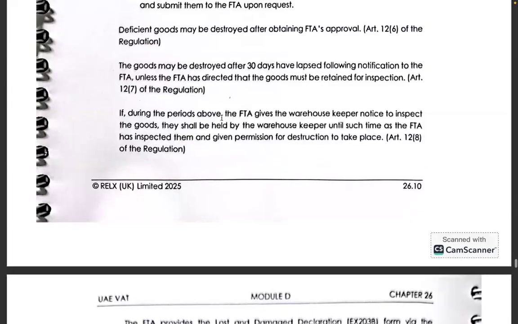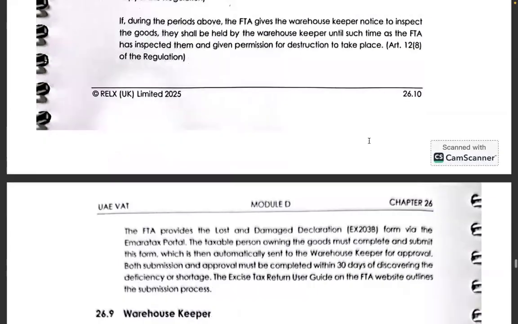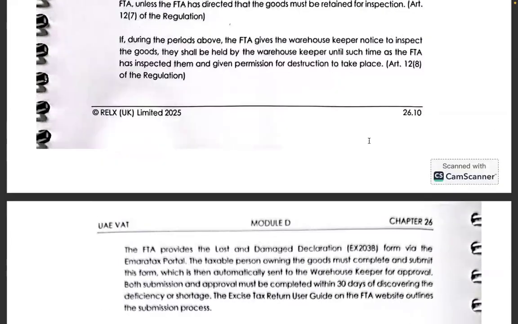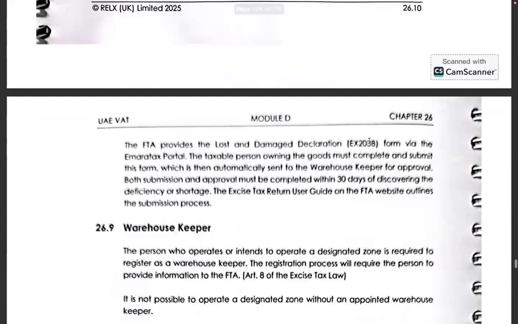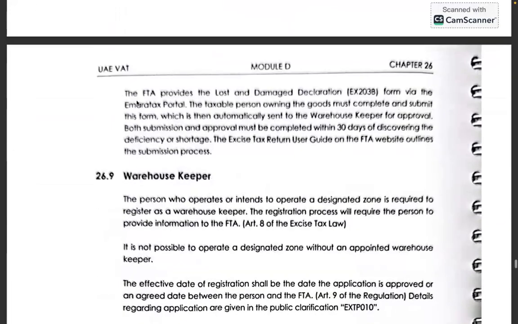If during the periods above, the FTA gives the warehouse keeper notice to inspect the goods, they shall be held by the warehouse keeper until such time as the FTA has inspected them and given permission for destruction to take place. So once the FTA inspects them, they will give permission to destroy those wasted goods.